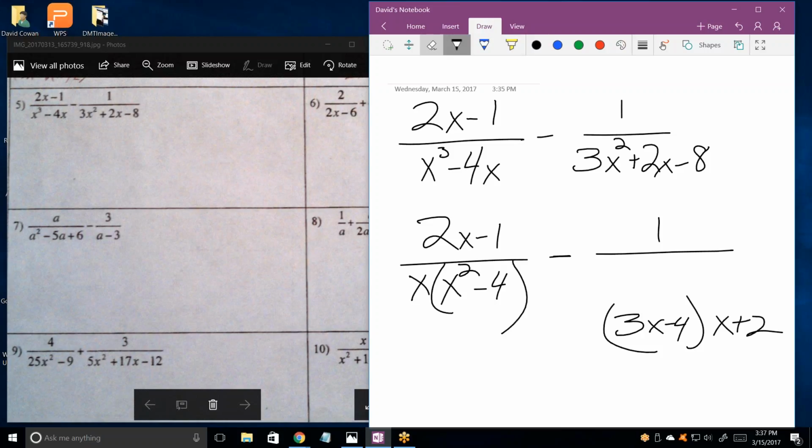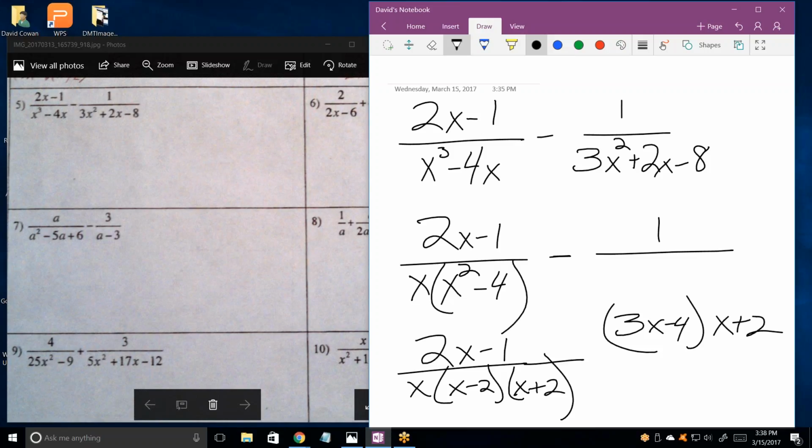Now, let's go back to the left, and we realize that I can factor x squared minus 4, so it's 2x minus 1 over x times x minus 2 times x plus 2. And that's my denominator, or one of the terms is my denominator on the right.